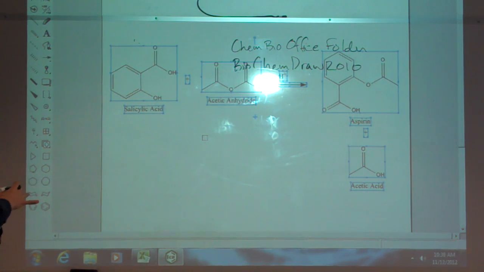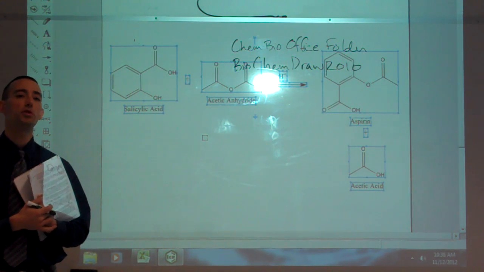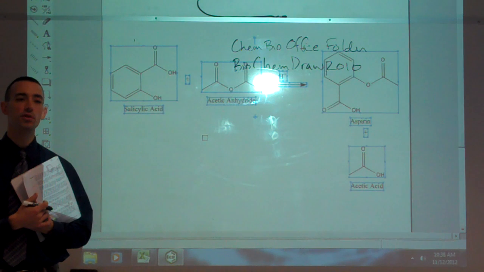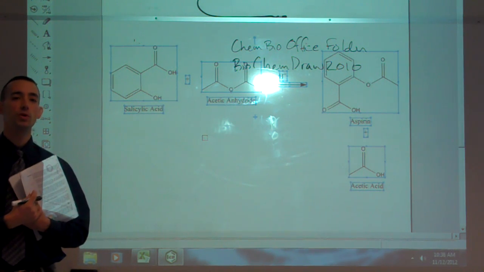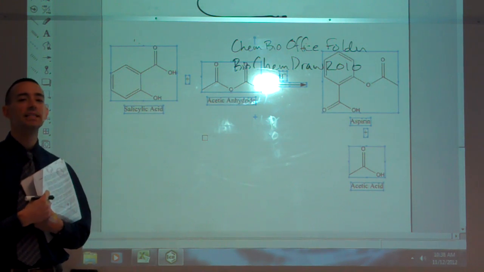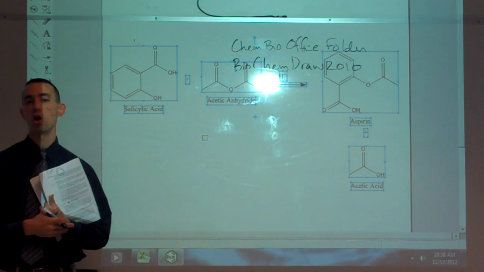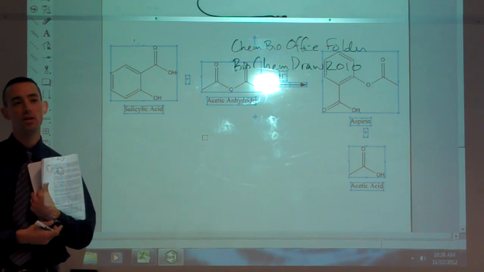This program is only available on our chemistry computers, so C217, the laboratory that you're used to being in, C209, the little conference room near the chemistry laboratory area, and then the organic chemistry laboratory. So if any one of those spaces was open, you could make use of that.